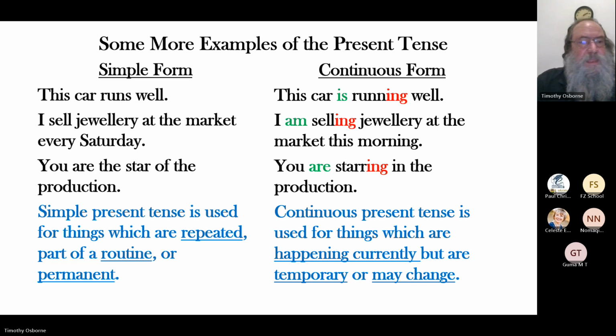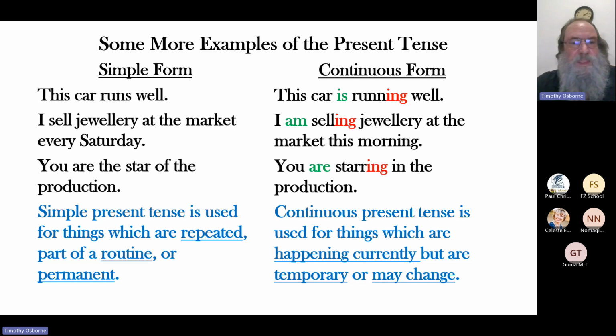Now, here is not exactly a definition as much as an explanation. And I'm going to read through it with you. Simple present tense is used for things which are 1, repeated, 2, part of a routine, or 3, permanent.